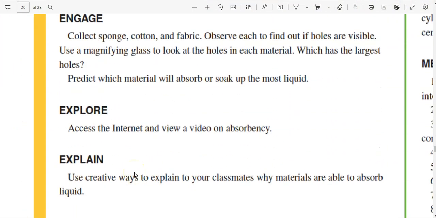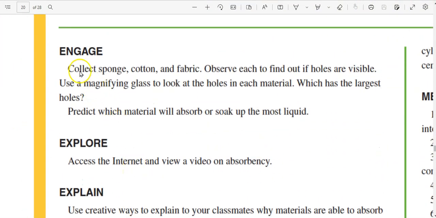Let's look at the engage section. Collect sponge, cotton, and fabric. Observe each to find out if holes are visible. Use a magnifying glass to look at the holes in each material. Which has the largest holes? Predict which material will absorb or soak up the most liquid.